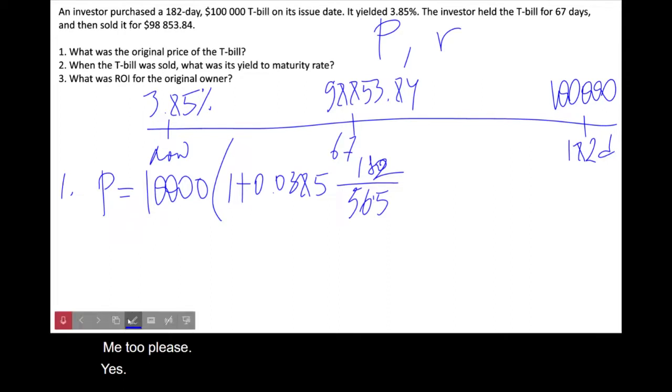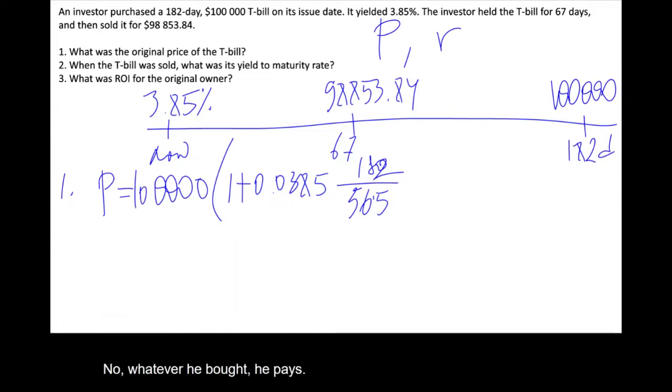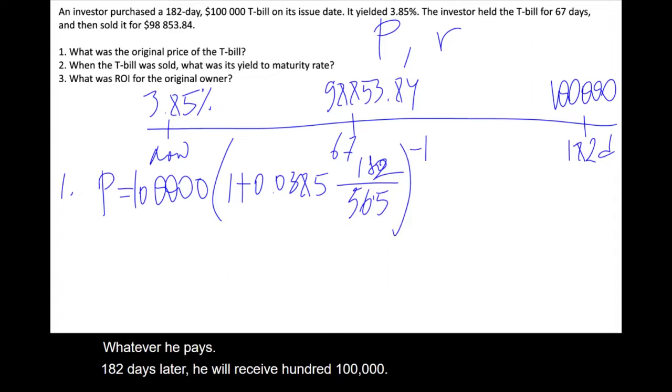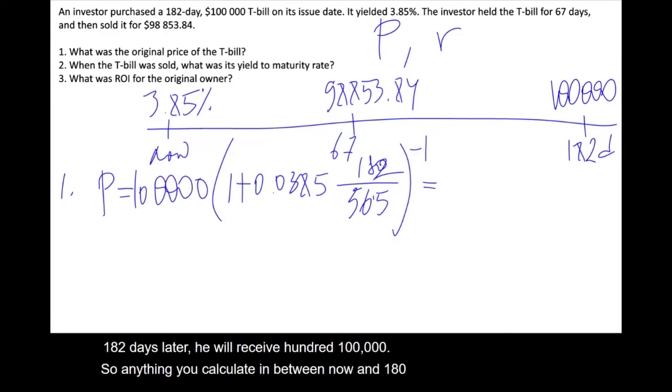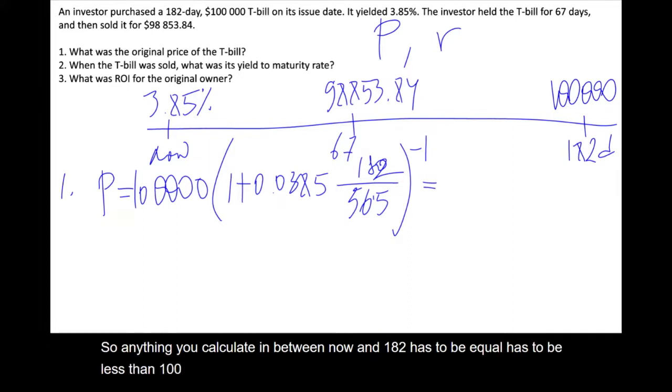The fact that it says on its issue date means that it's the final price. Whatever he pays now, 182 days later he will receive 100,000. So anything you calculate in between now and 182 days has to be less than 100,000.